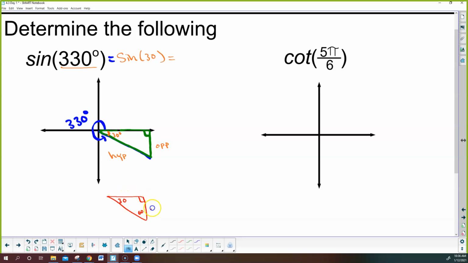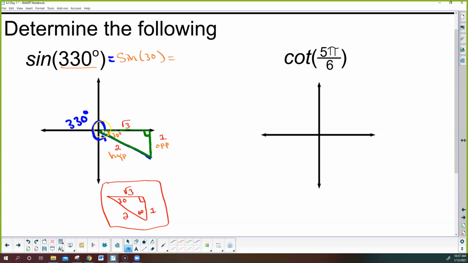Well, across from the 30 is 1, across from the 90 is 2, and across from the 60 is square root 3. That's what you need to have memorized. Some students like to draw it separately. I personally like to draw it in here. Across from the 30 is 1, across from the 90 is 2, and technically that's all we need, right? Even though I know that this is square root 3.